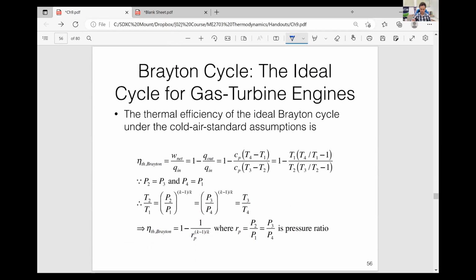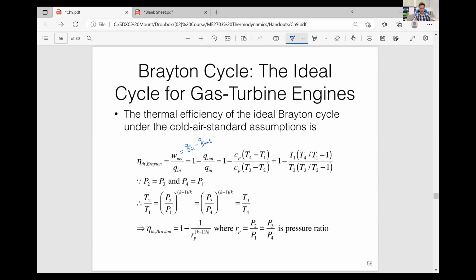Then about thermal efficiency. We know thermal efficiency is defined by the desired output over the required input. The net work out is Q in minus Q out.